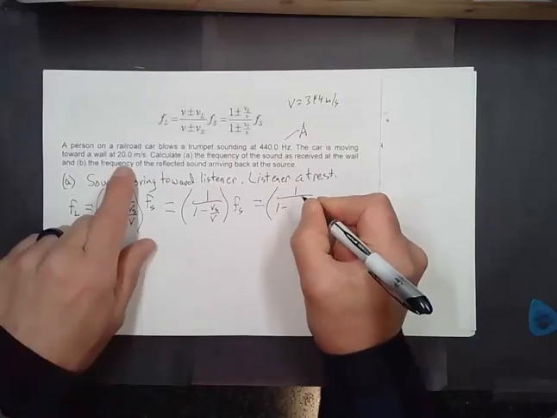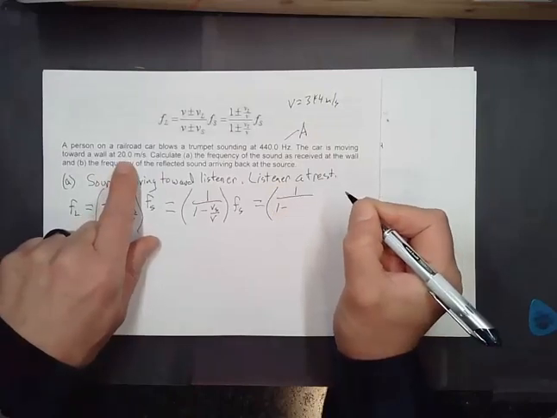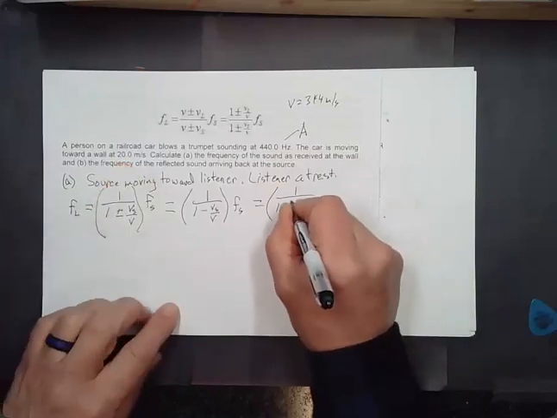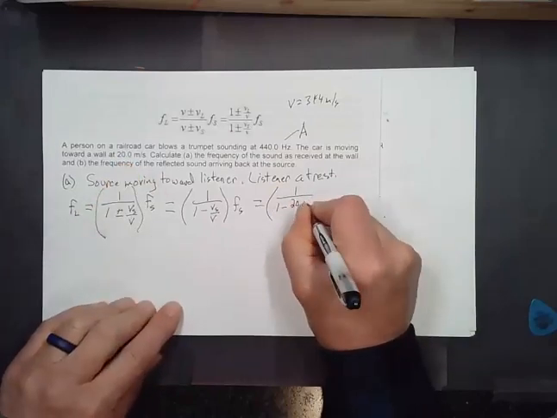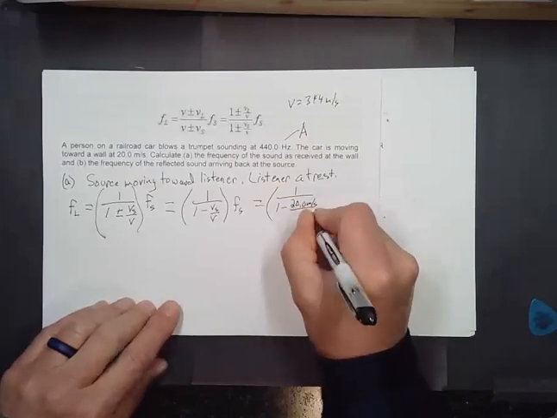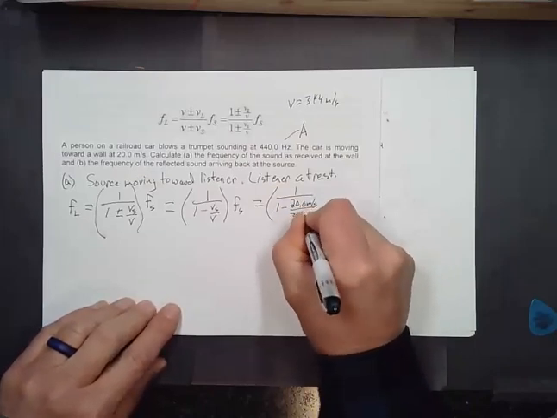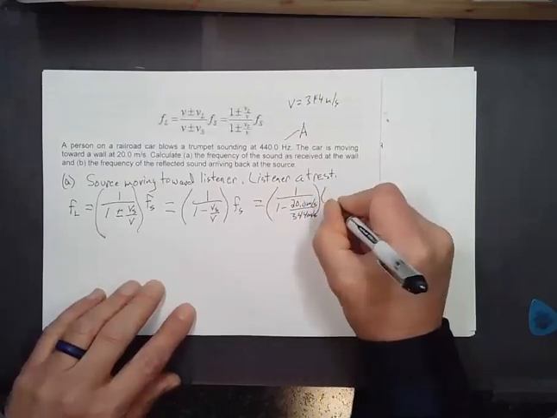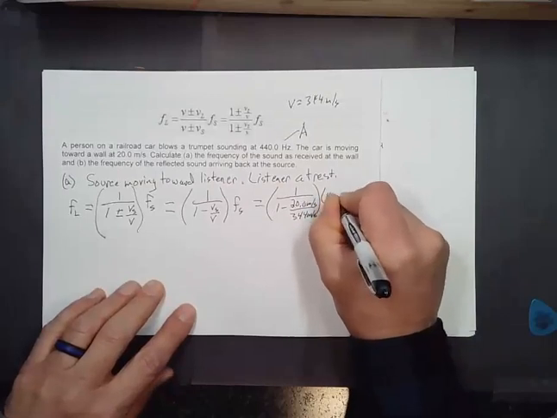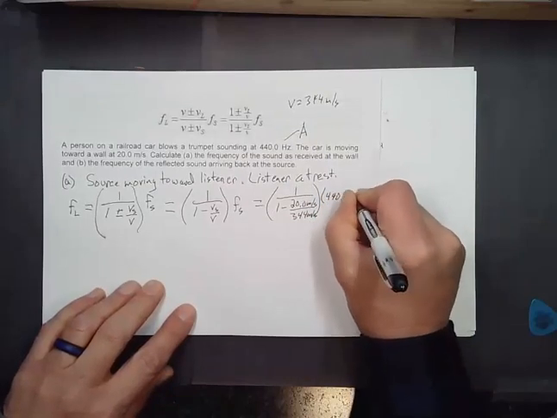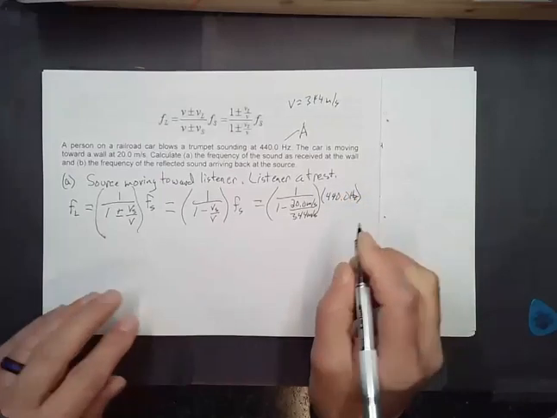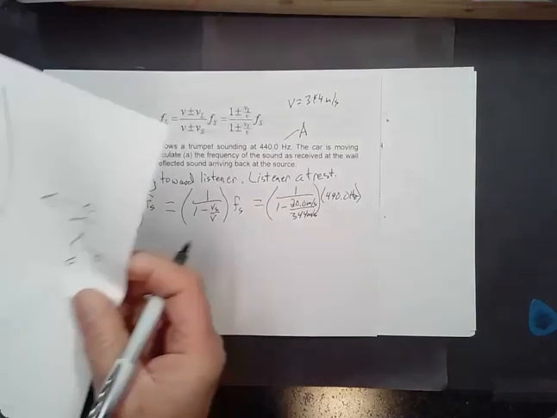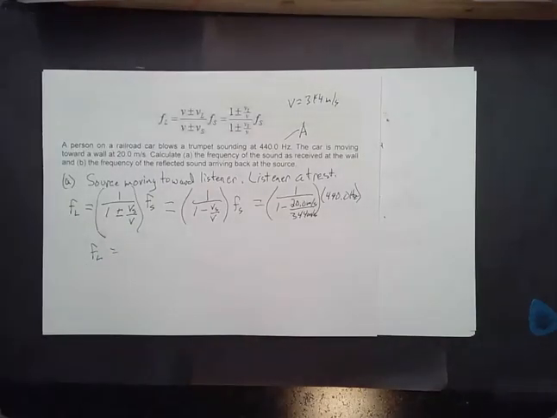1 minus the train's going, or the railroad car, on a train, it's 20 meters per second. So 20.0 meters per second divided by 344 meters per second, times the frequency of the sound, 440.0 hertz. Then we'll get a different frequency. The frequency heard by the listener is, oh, where did I put it?